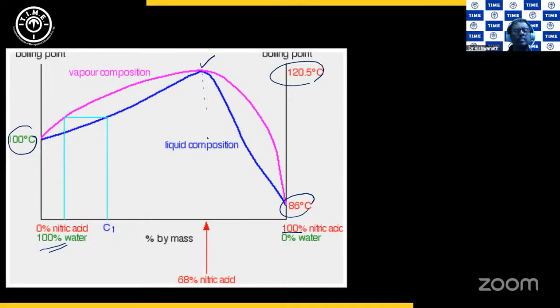Draw a perpendicular from there, and that is the composition where the azeotrope is formed. I hope this is clear. So nitric acid versus water. So we have done azeotropes with Raoult's law as a basis. More deviation from the Raoult's law will result in the formation of an azeotrope.